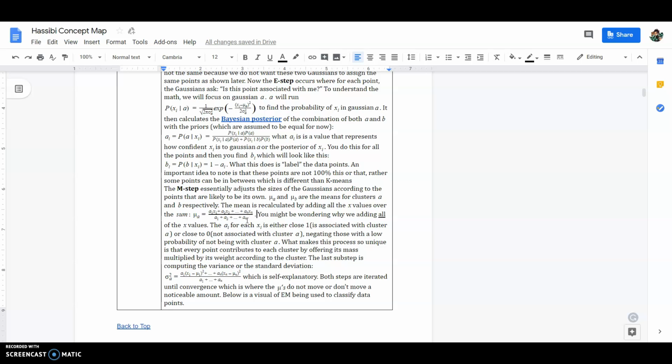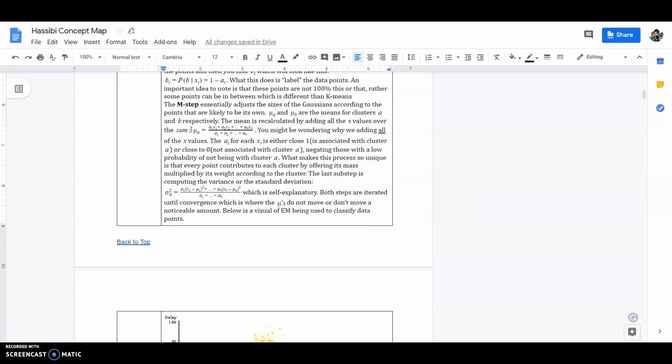Well, now you can't really say it's the number of values there are since it's like 0.5, but it contributes a little bit. It changes a little bit. So basically, the beauty of the EM algorithm is that it includes all points, and every single point just changes the Gaussians just a little bit.